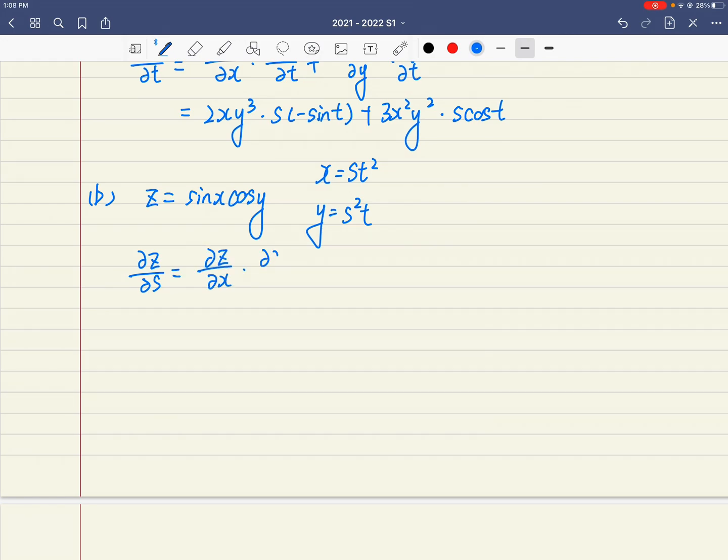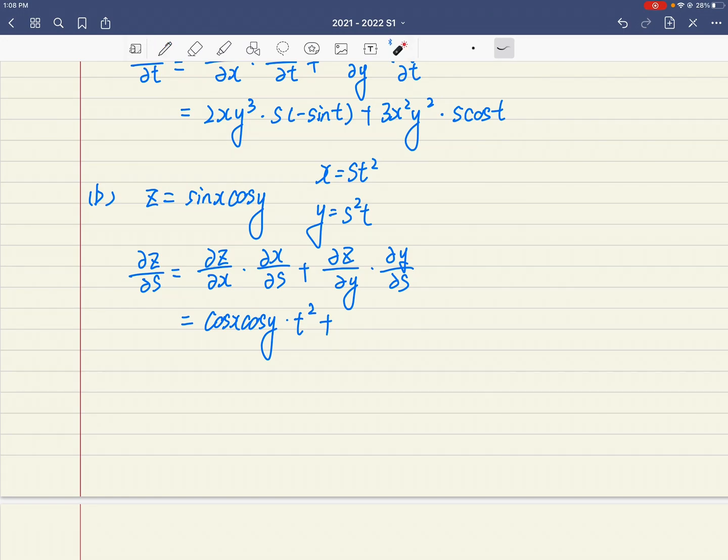It's dz over dx times dx over ds plus dz over dy times dy over ds. What is dz over dx? Differentiate by x, you get cosine x cosine y. And dx over ds, you differentiate by s, you get t squared.